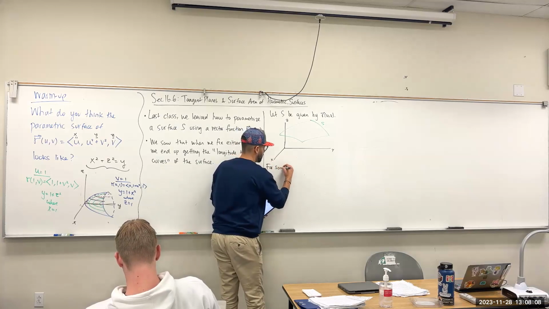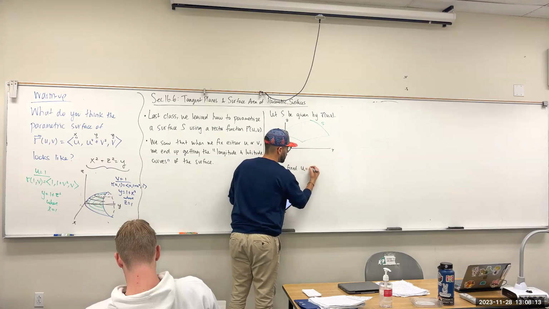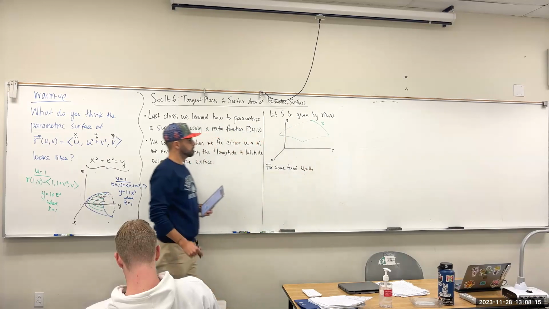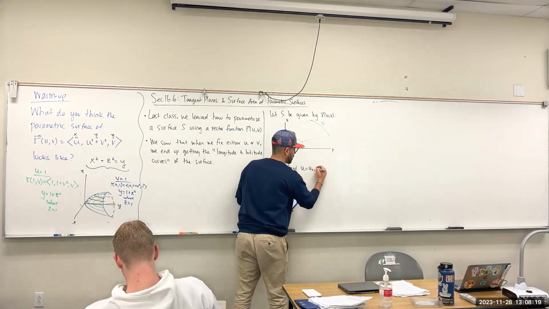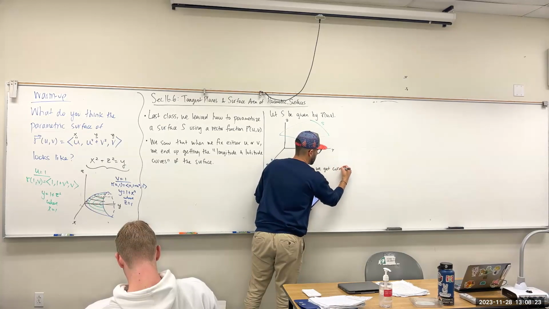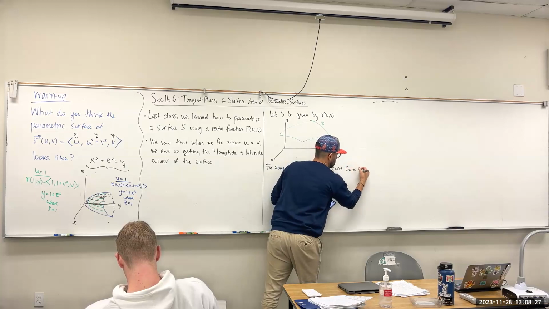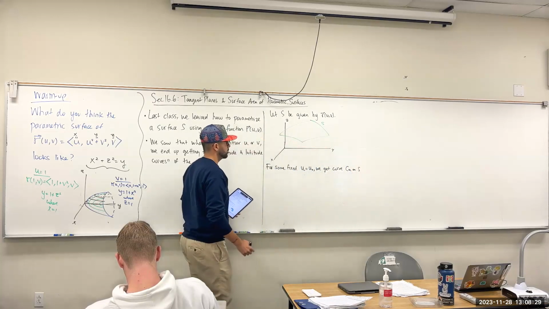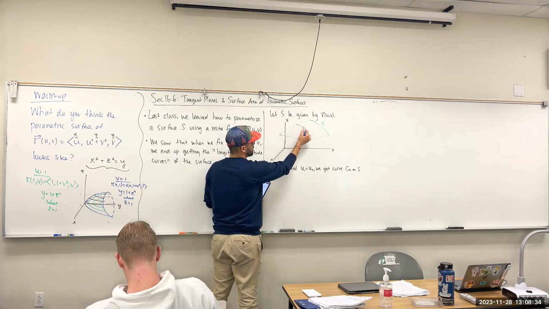For some fixed u, let's say u equals u naught, we get curve Cu on S. Let's say that it's this curve like this.